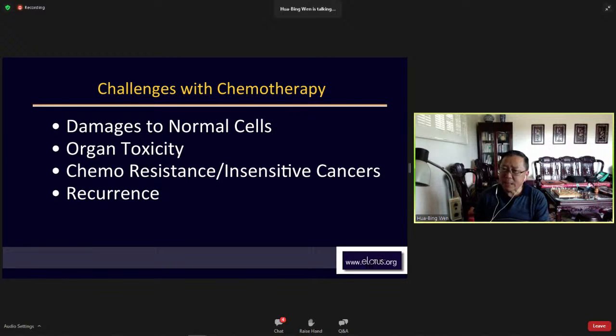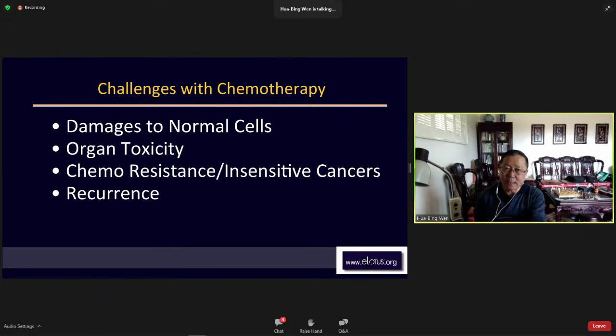The reason is that all the chemo drugs, cytotoxic agents, kill fast-growing cells. So the hair, the inner lining of the GI tract, the epithelial layer, even the bone marrow, and also the nerve endings. Those are the fast-growing tissues in the body, so they are targeted all the time.